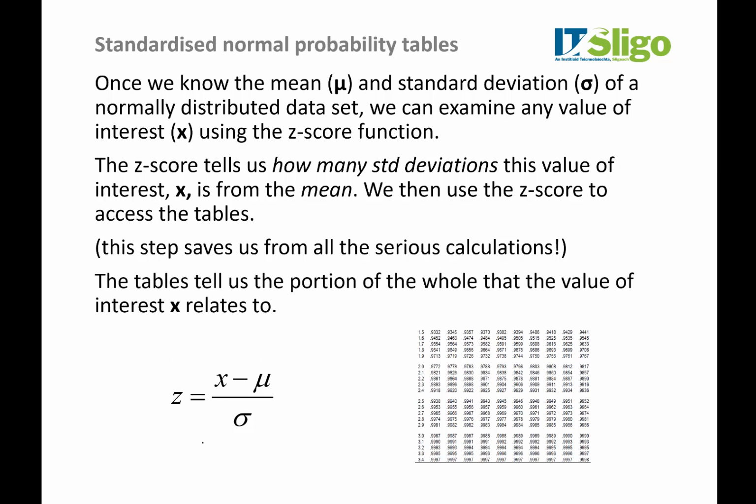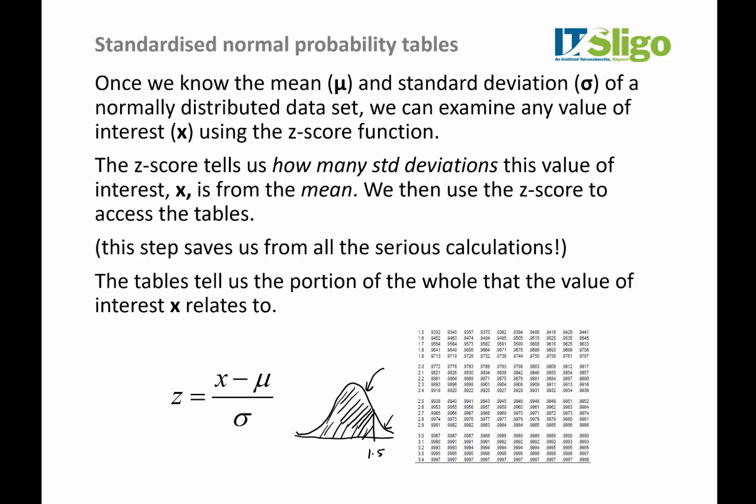So the tables tell us, like I was saying with the 85.31, that shaded area. A good tip for the tables is that the tables will always tell you the biggest part of the curve. So when we do these problems, I would always insist that you sketch a curve, mark in your value x, and then it's very obvious which is bigger: is the shaded area bigger or the unshaded area bigger? It should be quite obvious that the shaded area is bigger.